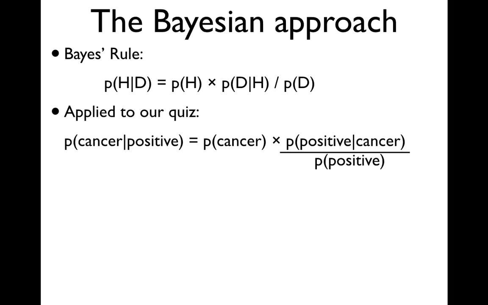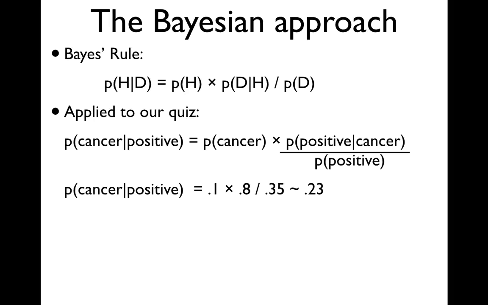In the same way that we figured out numbers and counts of things, this is what we were doing in the background when we were doing those counts. So 0.1 times 0.8 divided by 0.35 ends up being the same number that we got in the first place, about 0.23.